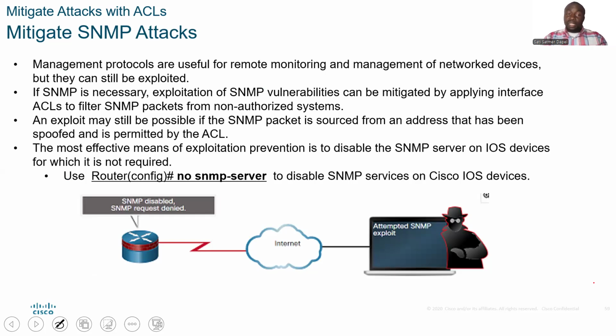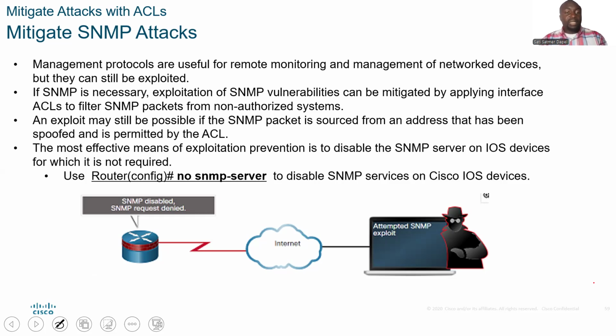Sometimes it can create vulnerability. Management protocols are useful for remote monitoring and management of network devices, but they can still be exploited. If SNMP is necessary, exploitation of SNMP vulnerabilities can be mitigated by applying interface access lists to filter SNMP packets from non-authorized systems.